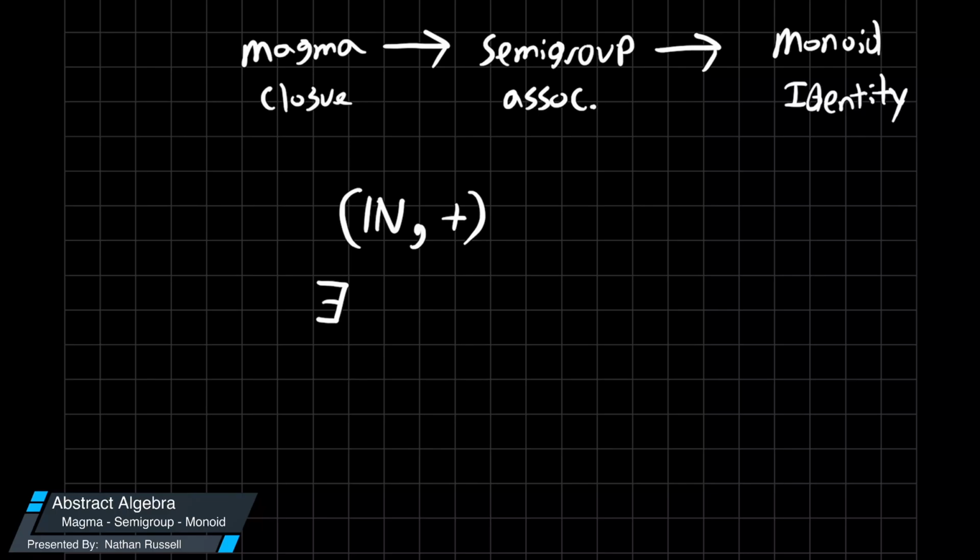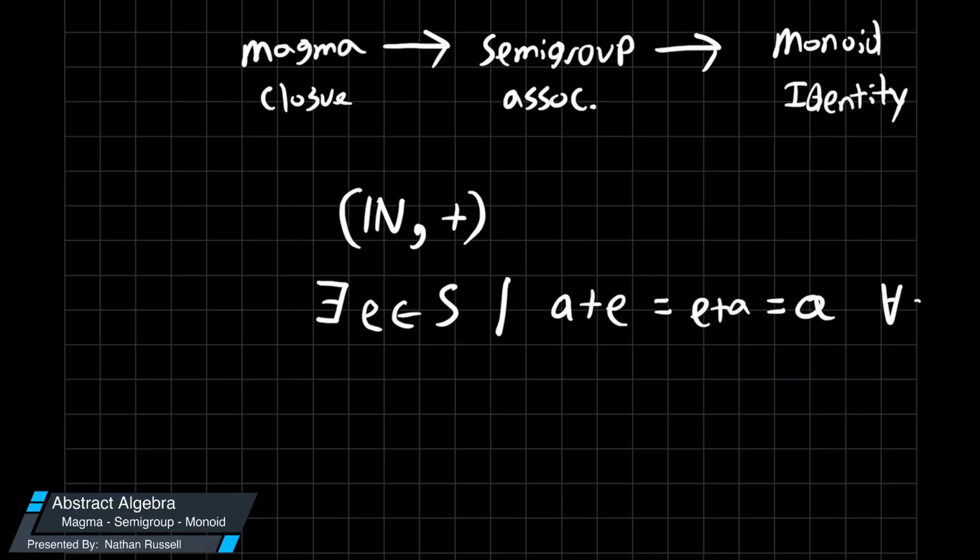There exists, so an identity means this. There exists an element E inside of the set such that A plus E is the same thing as E plus A, and that will become equal to A for all A in the set.